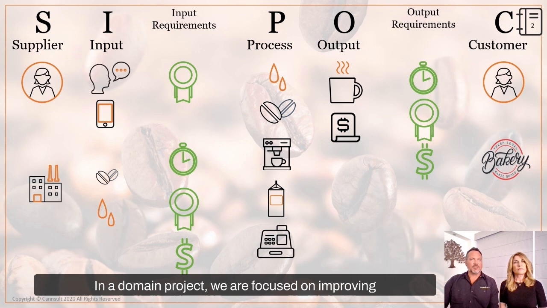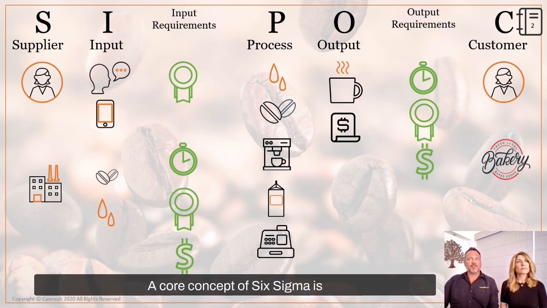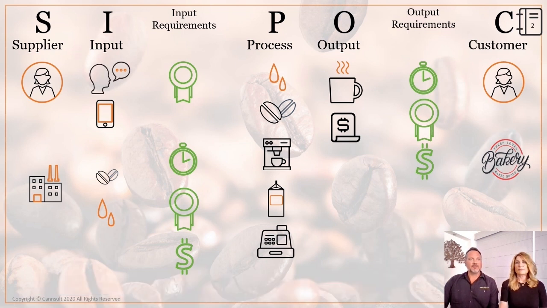In a DMAIC project, we are focused on improving an outcome, improving an output requirement. And whether we are focused on an internal customer or an external customer, or on an internal business requirement, a core concept of Six Sigma is to keep the customer in focus.